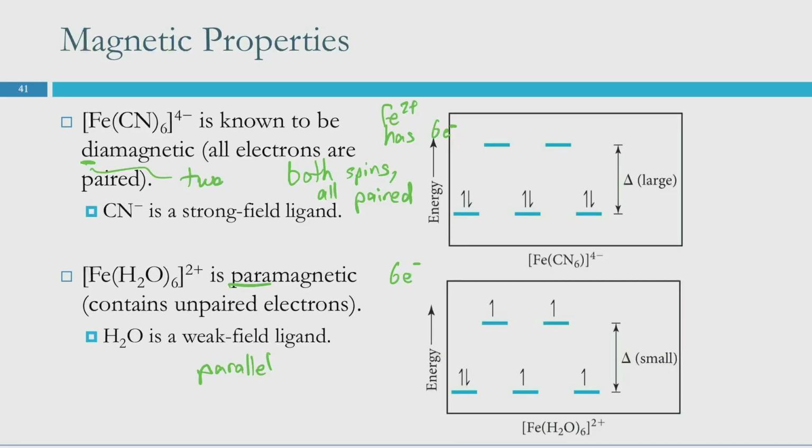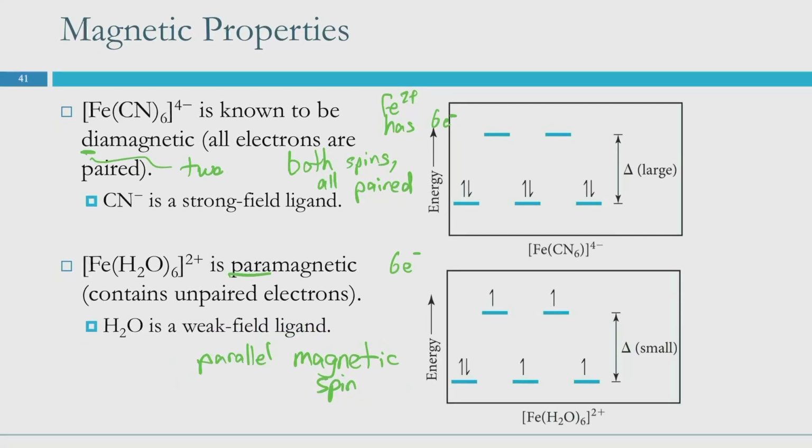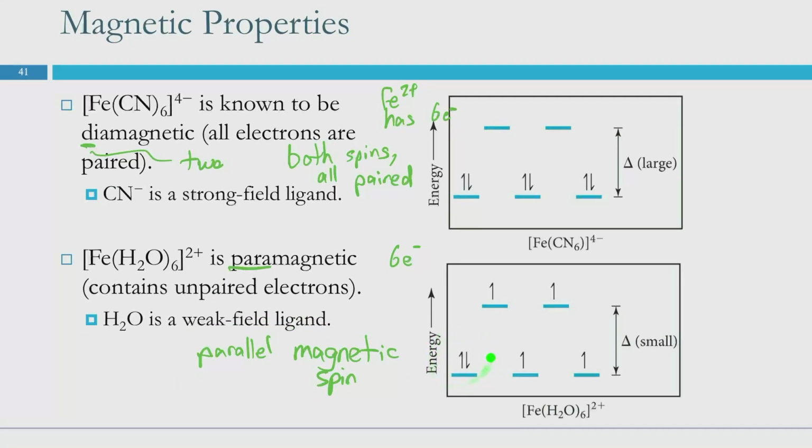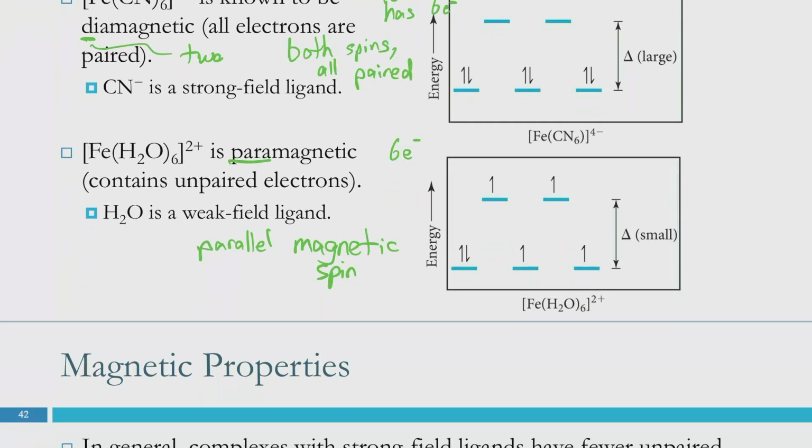You might think of paramagnetic as parallel magnetic spin. So instead of being paired, di, 2 directions, we've got some parallel magnetic spin. So we only have one spot where it's paired. The other 4 are unpaired.